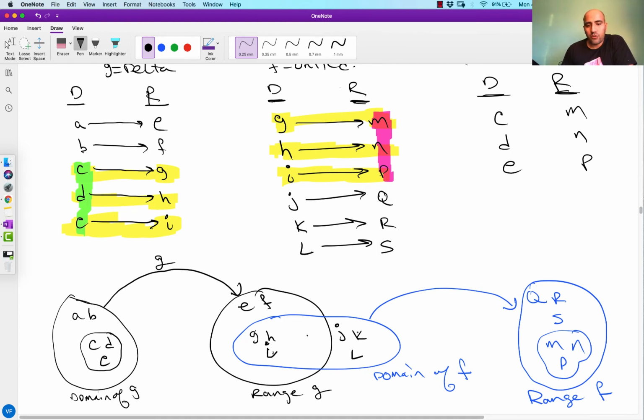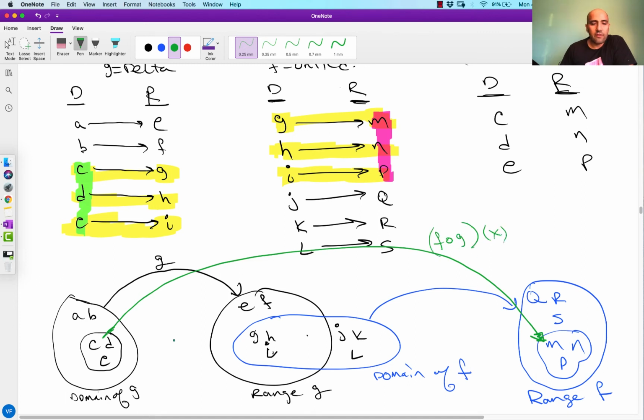Now the blue circle here represents the domain of F, so all of these values get mapped from here over here. And now we're looking at the composition of the functions, and let's put it in green. The composition of functions is going to take just these guys, and it's going to end up with these guys there. And this in green is going to be the composition of F composed with G of X.